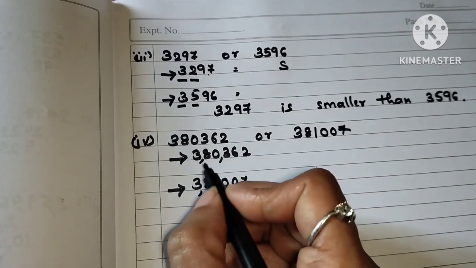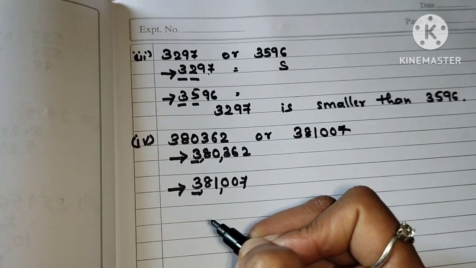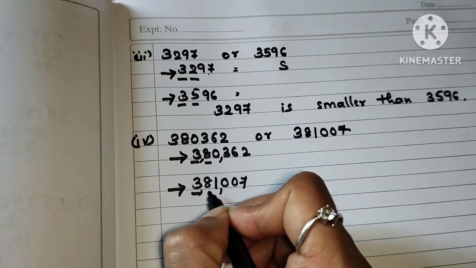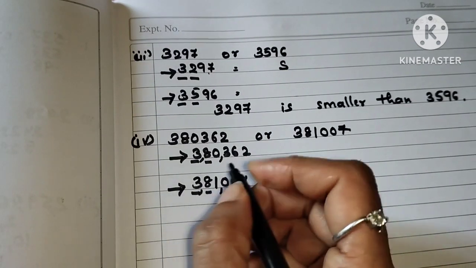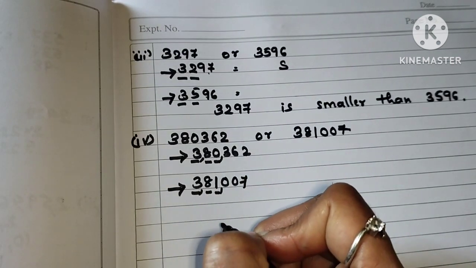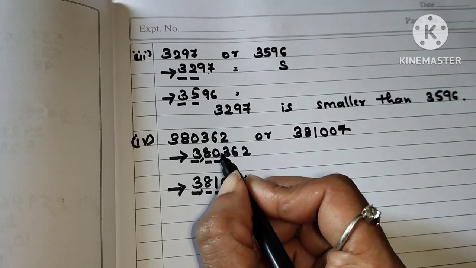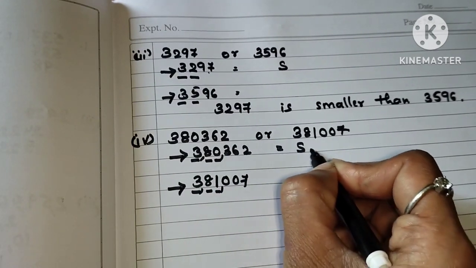Now we'll start comparing. First number is 3, 3. Same digit. We'll move on to the second number, 8, 8. The second number is also same digit. Now we'll move on to the third digit, 0, 1. Which is the smallest digit here, children? 0 is the smallest digit. So this is the smallest number.